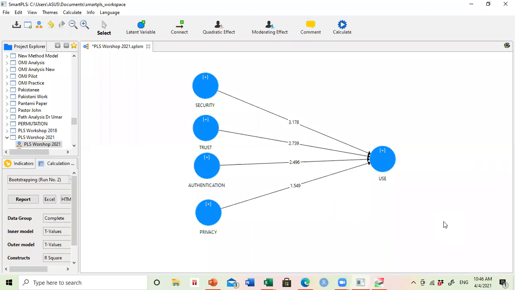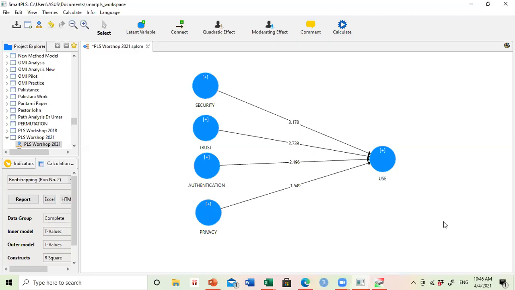So we want to know whether our hypothesis is accepted or not accepted. We want to see the level of significance of our prediction. Is security really predicting use? We hypothesize that if a customer of mobile banking perceives that this mobile banking application is highly secured, we expect that person to use that software.